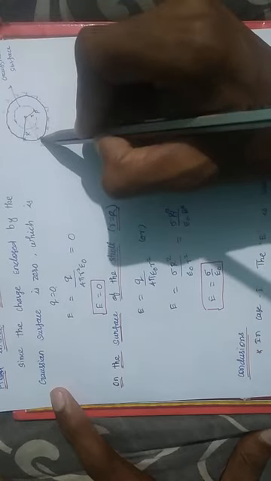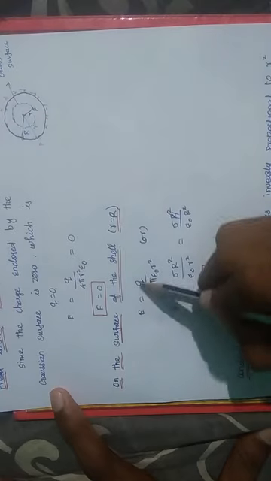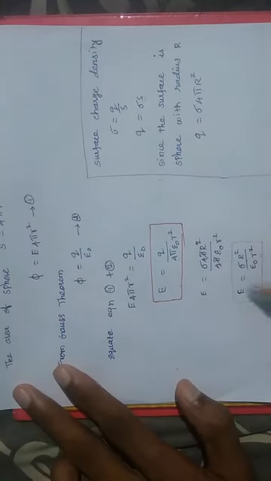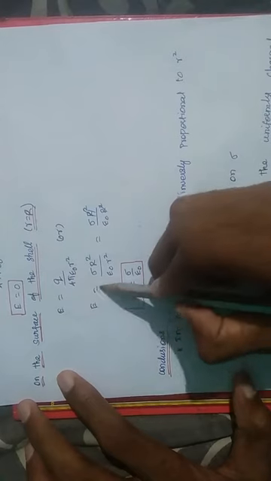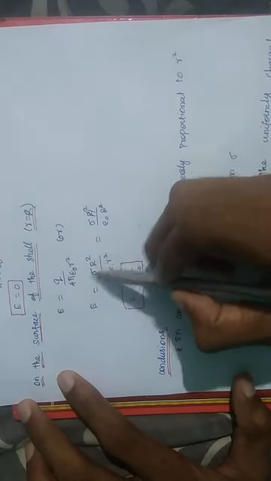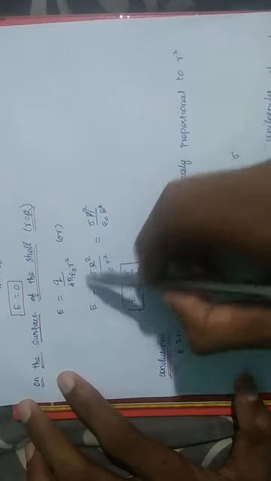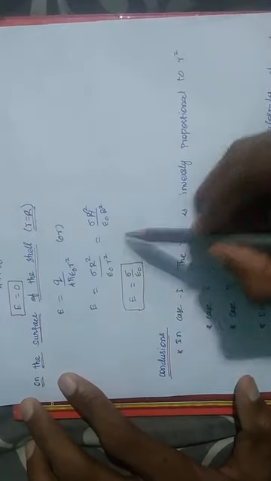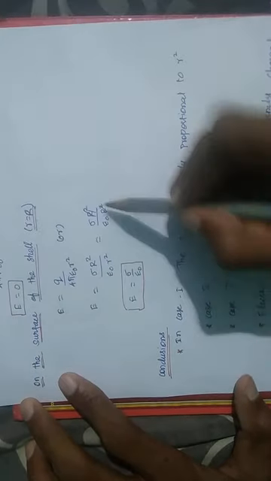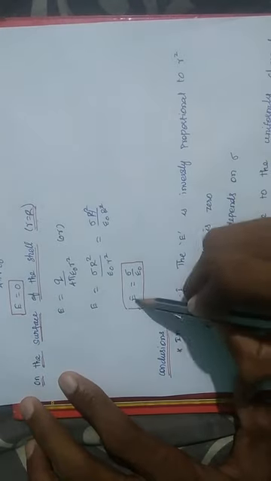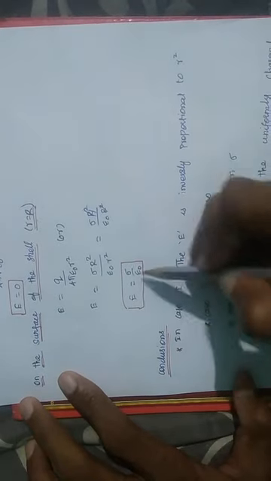Both will be the same. We know the expression E is equal to q by 4 pi epsilon naught r square, or the other expression we found: E is equal to sigma R squared by epsilon naught r square. Since small r is equal to capital R, you can replace small r by capital R. Both will cancel each other. E will be equal to sigma by epsilon naught.